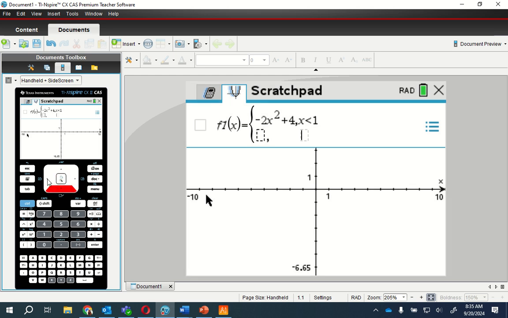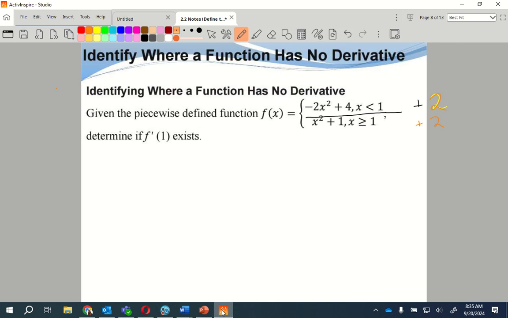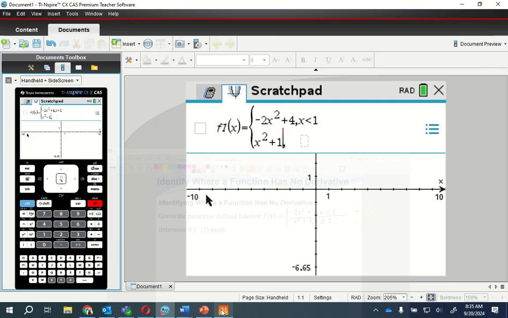My other side says x squared plus 1, it's greater than or equal to 1.